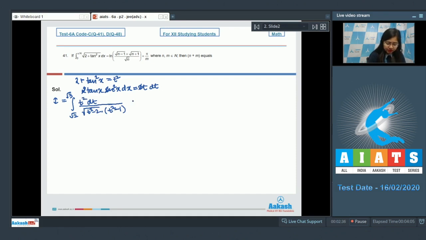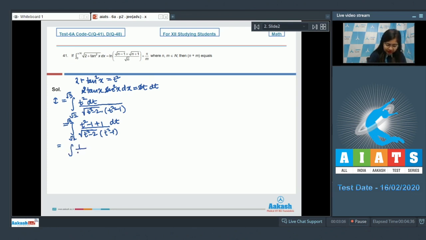Now this can be written as the integral from root 2 to root 3. In the numerator, let's subtract and add 1, so it is t square minus 1 plus 1 divided by square root of t square minus 2 into t into t square minus 1 dt. So t square minus 1 is cancelled.